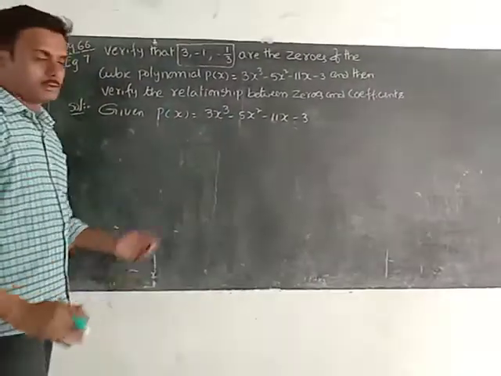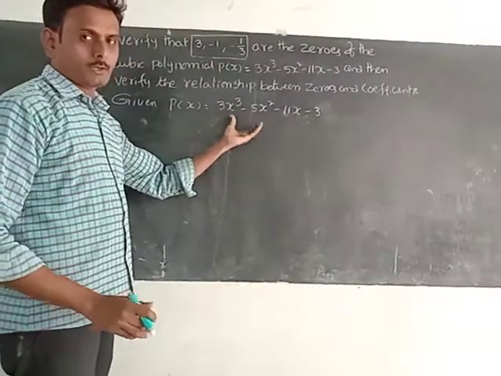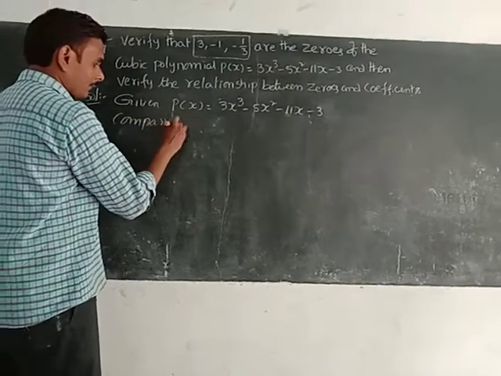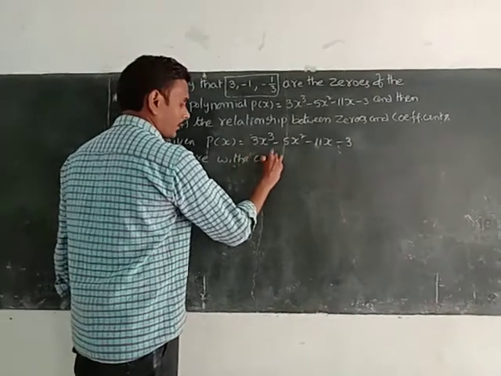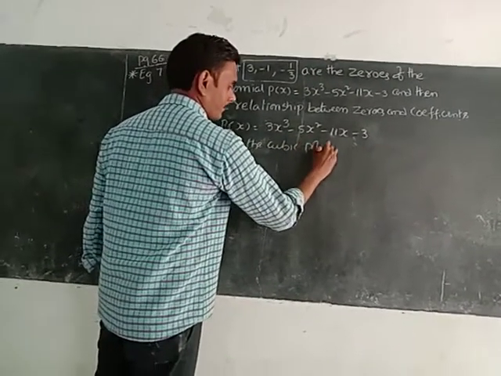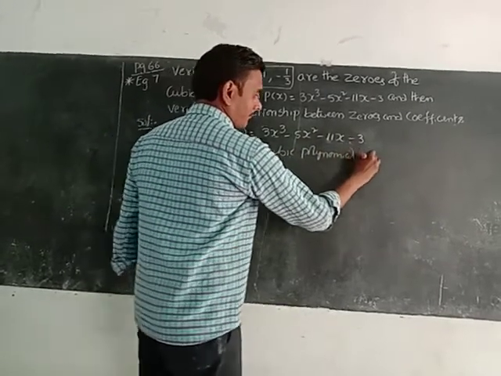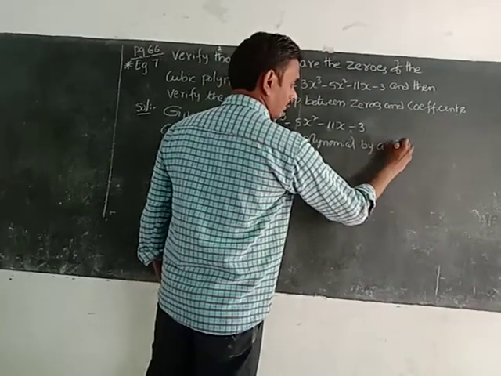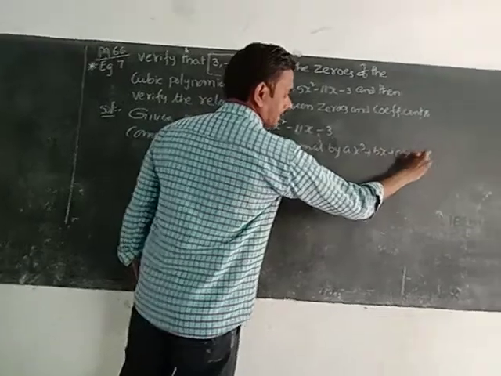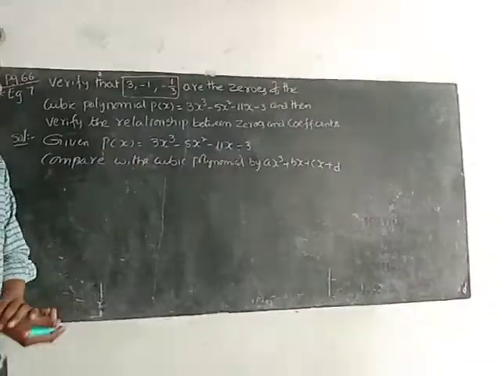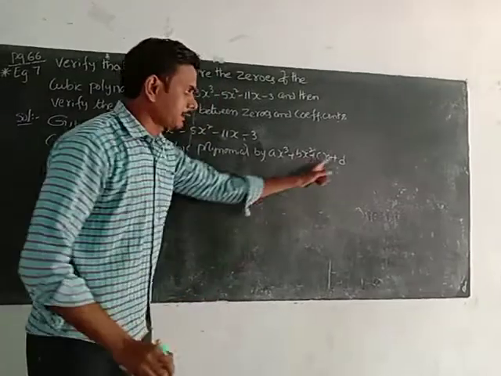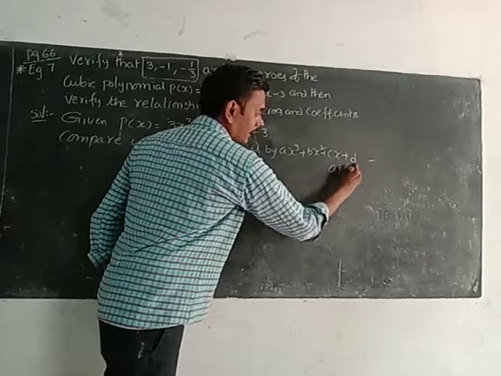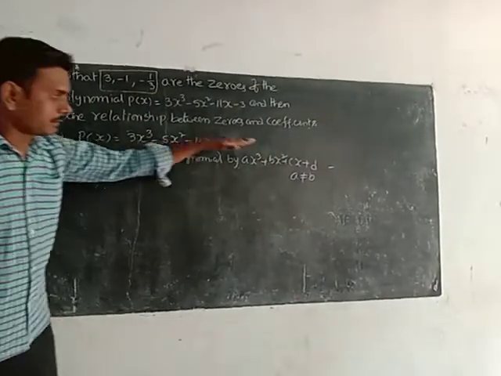Compare this with the standard form of the cubic polynomial, ax cube plus bx square plus cx plus d, where a is not equal to 0. Okay, this cubic polynomial we compare with this one.